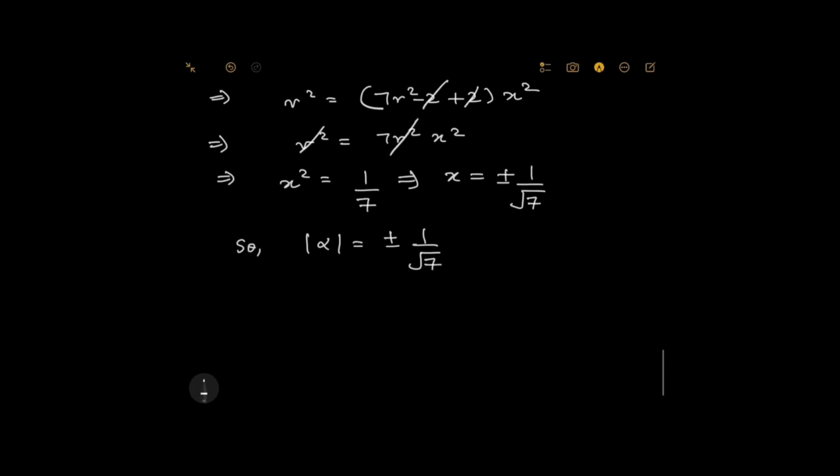But be careful, this can also come as a multiple option correct question. What we must know is that the modulus of alpha is always greater than or equal to 0, because this is a kind of absolute value.